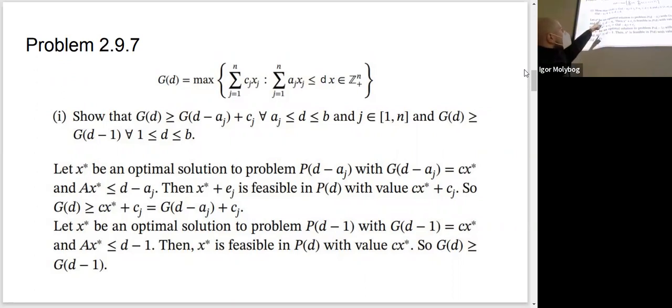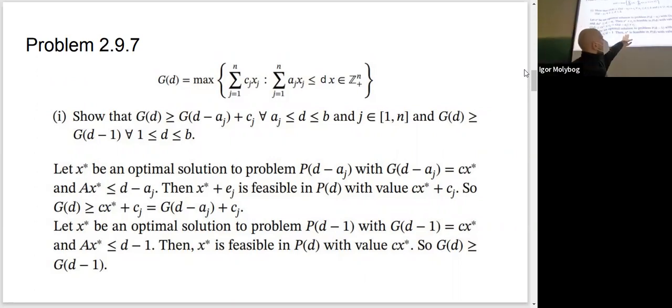Let's turn to the second inequality: g of d is greater than or equal to g of d minus 1. This one is very similar, because we can again assume that x star is the optimal solution for P of d minus 1, with g of d minus 1 equal to c x star. And a x star is less than or equal to d minus 1, because x star is a feasible solution for P of d minus 1.